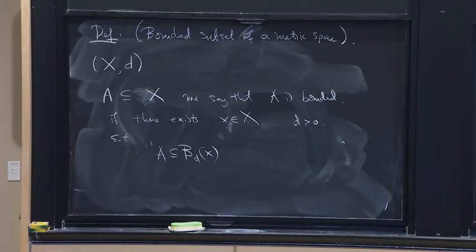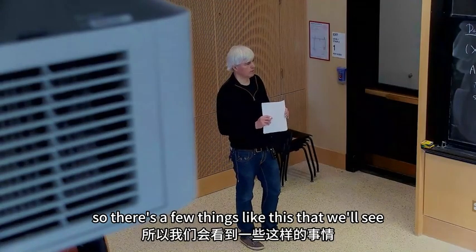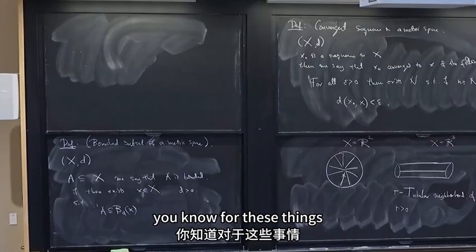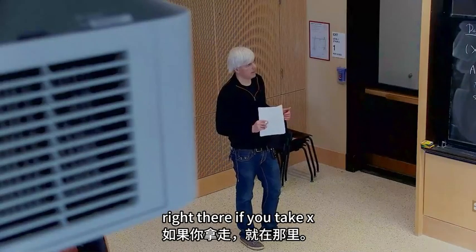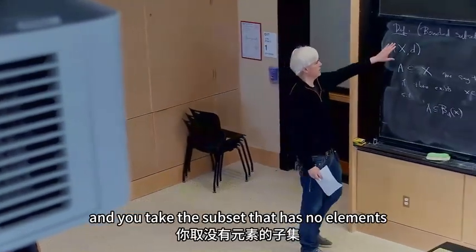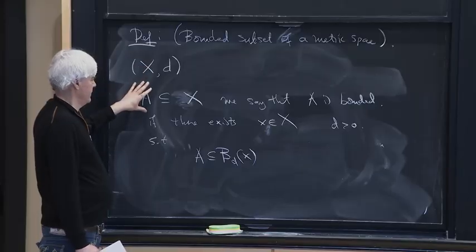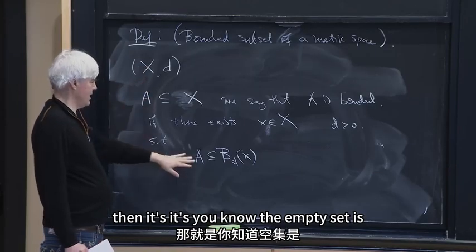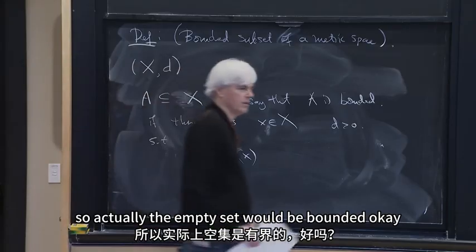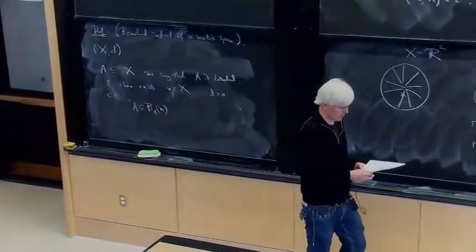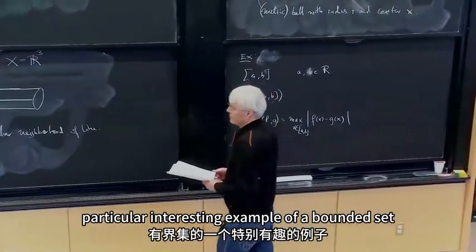There are a few things like this that we'll see. If you take the empty set, the subset that has no element, then the empty set is contained in everything, so actually the empty set would be bounded. But it's not a particularly interesting example of a bounded set.